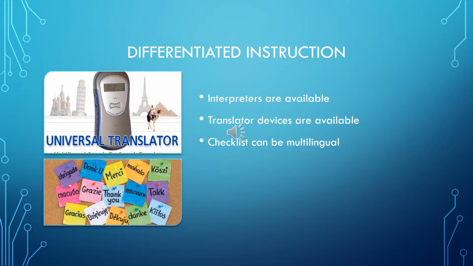There are also, most hospitals have interpreters available. And the checklist that you'll see at the end of this presentation can also be translated and printed out in languages that can be more helpful to yourselves or to patients that you are treating.